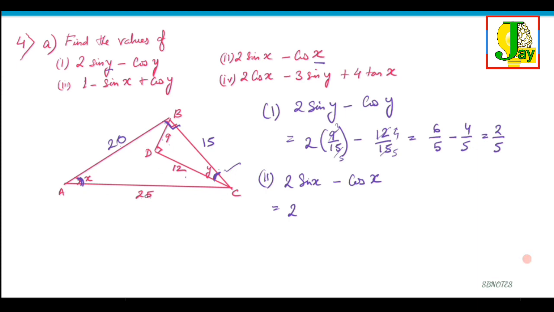So BC by AC, that's 15 by 25. It's better you write the sides. Minus cos x. Cos x is adjacent by hypotenuse, and for x the adjacent side is AB, so AB by AC.